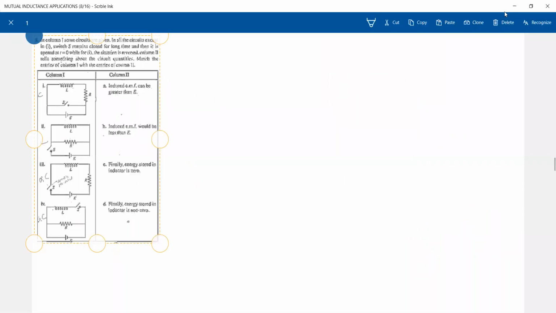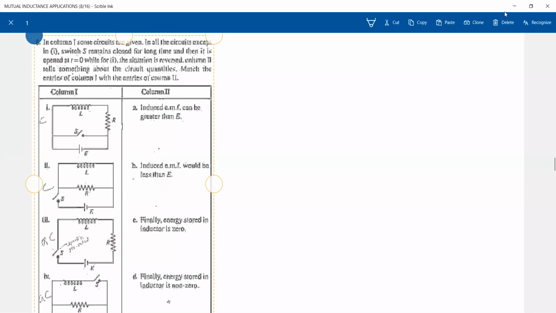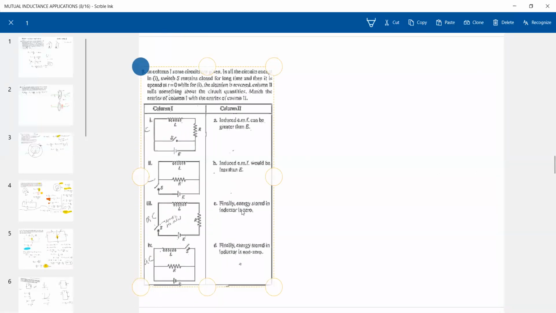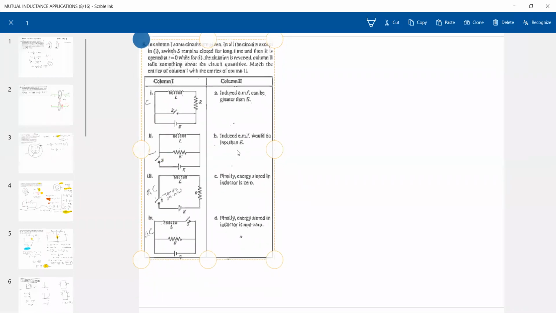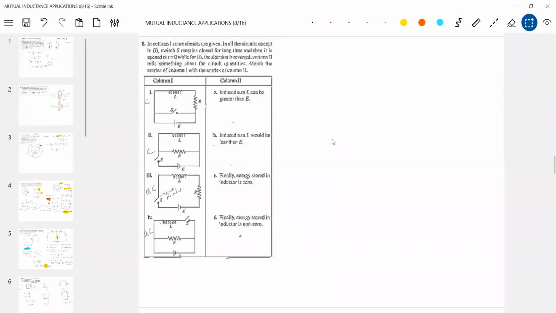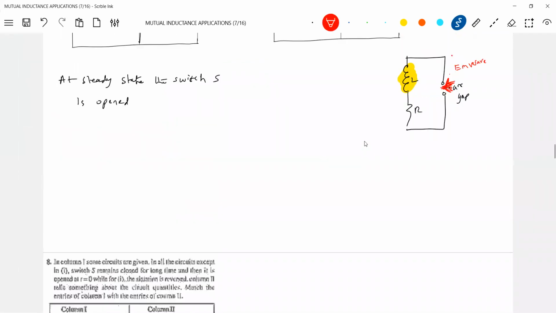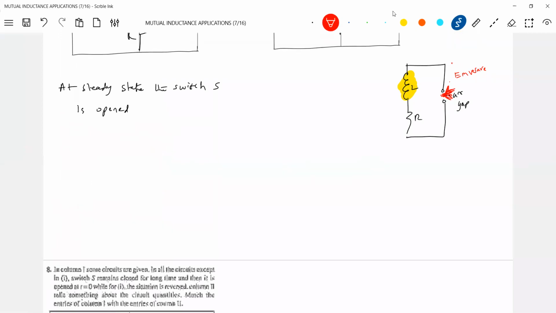Let me magnify it. Let me write here, because they may ask you: VL will be very much greater than E. Any reason for that?